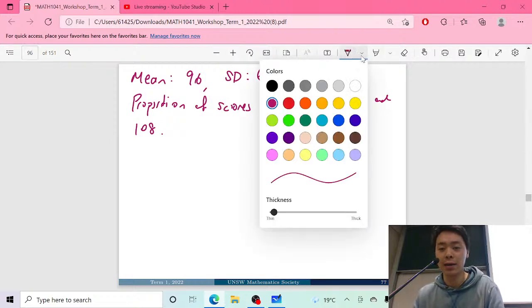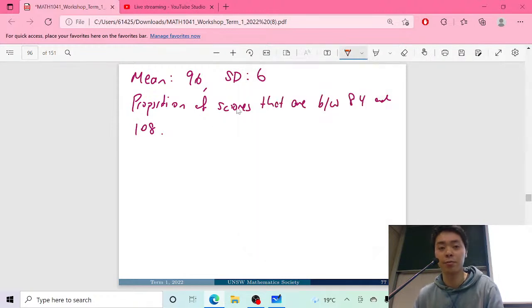If you do the math, it's 12 points away from the mean, right? 96 minus 84 is equal to 12. Similarly, 96 plus 12 is 108.